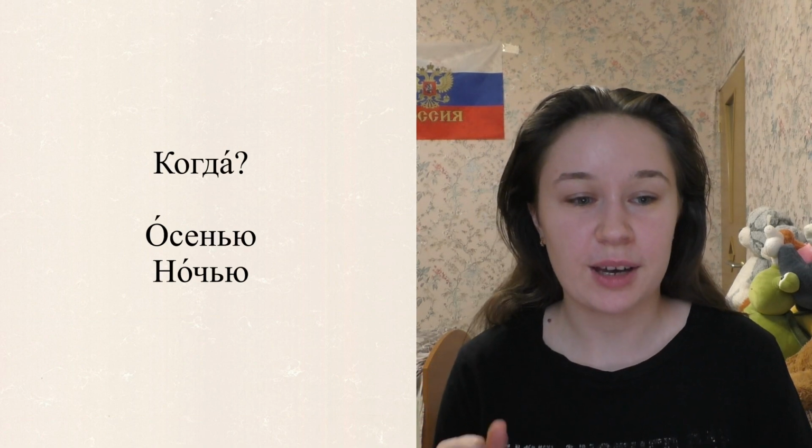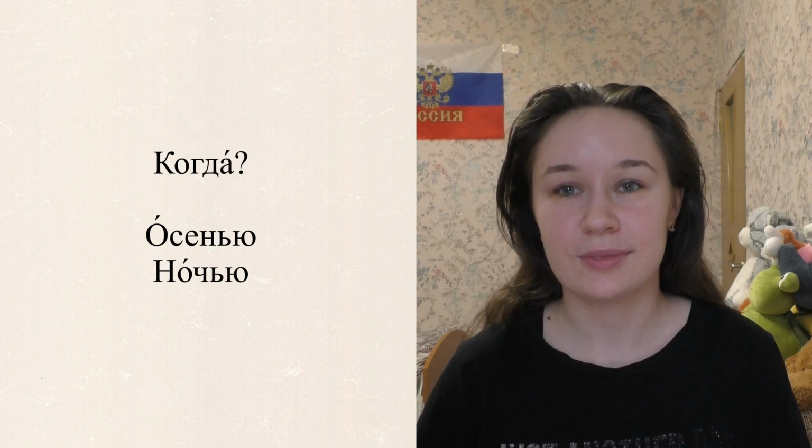The first one about the third declension, we can answer with the words осень and ночь. In autumn, at night. So осень, осенью in autumn, and ночью at night.